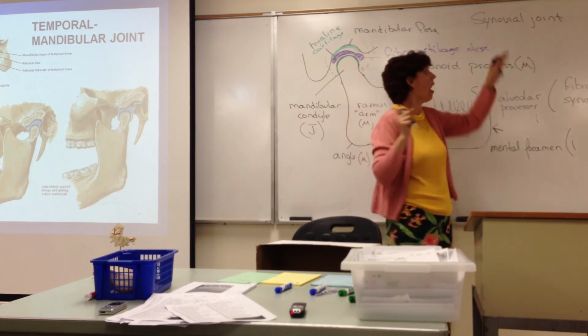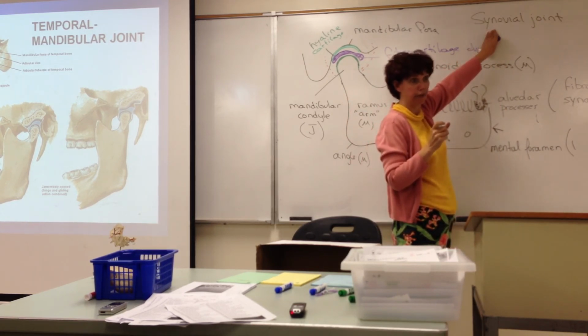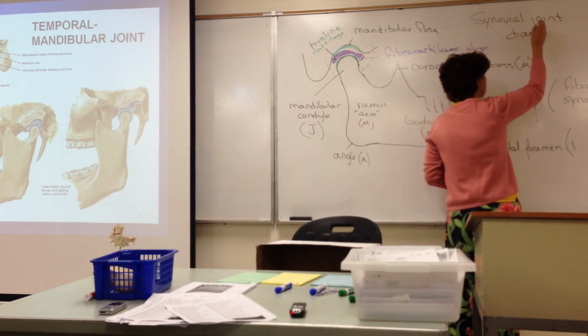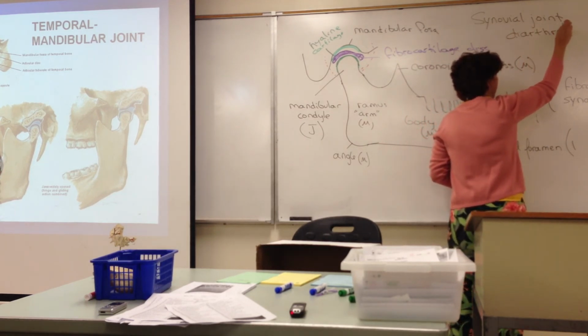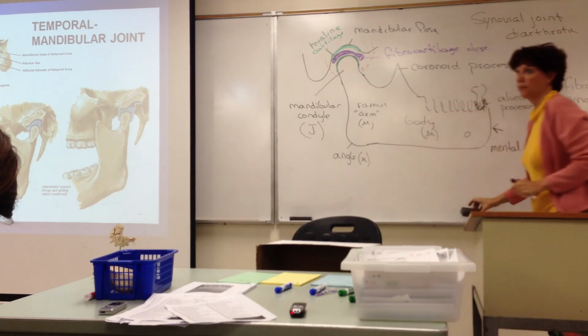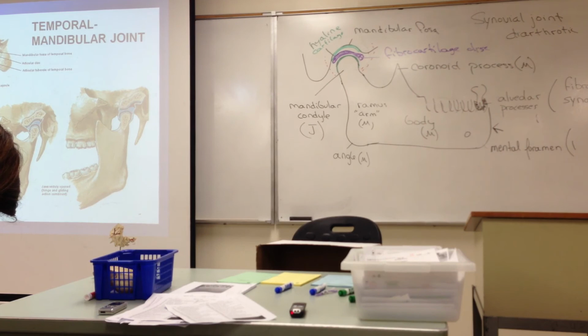All of our synovial joints are freely movable, all right? And our term for that is diarthrotic. So most of the joints, when you think of a joint, the knee joint, the hip joint, the fingers, those are all synovial diarthrotic joints, all right?